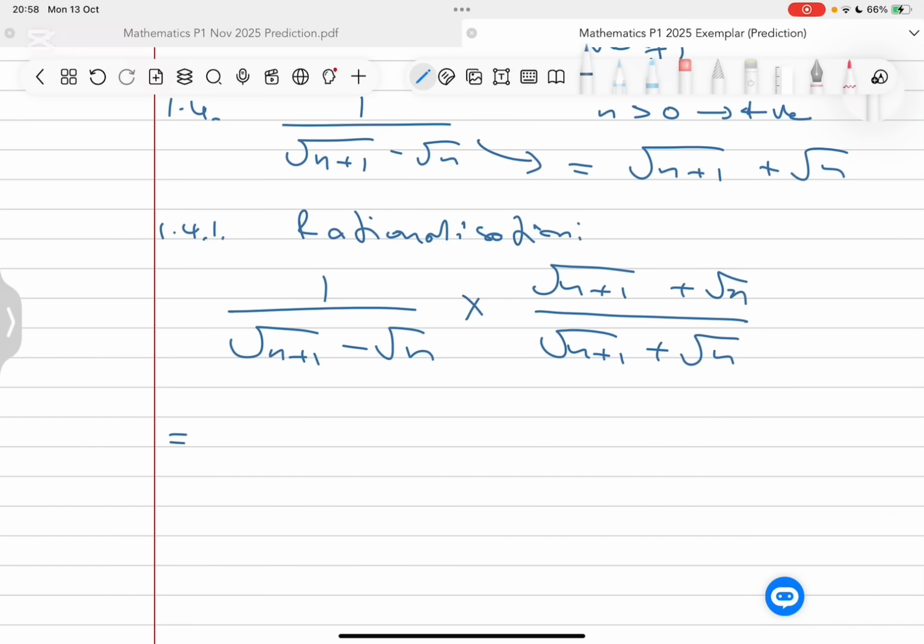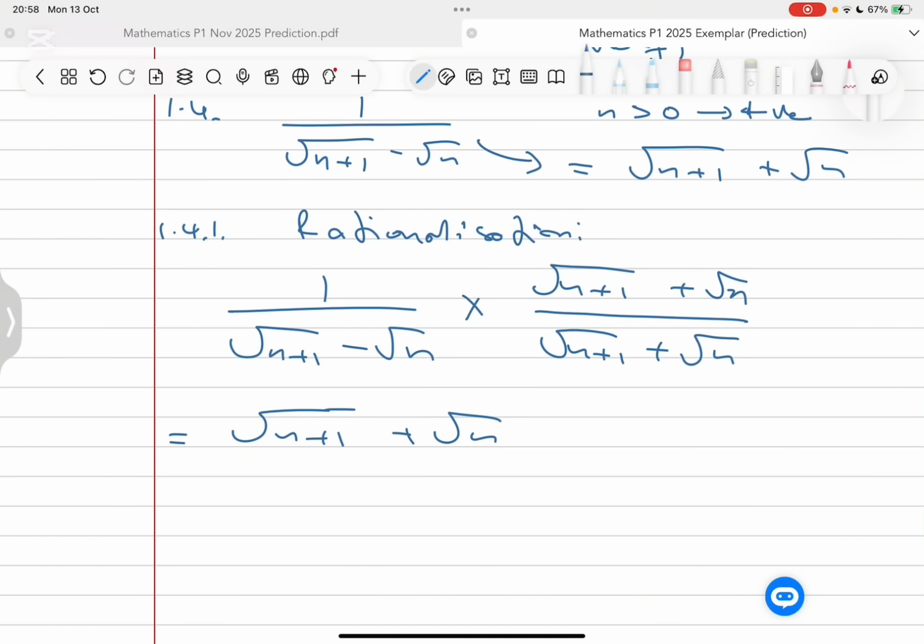Now, you can see that if you multiply this by a 1, I'm simply just going to have that, the root of n plus 1 plus the root of n. But you would notice that when you multiply these two, they are actually a difference of 2 squares. I have the same number here, then there's a negative, there's a positive. I have the same number here and I have the same number here.